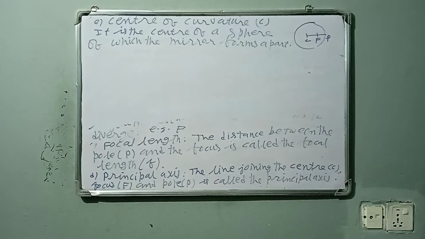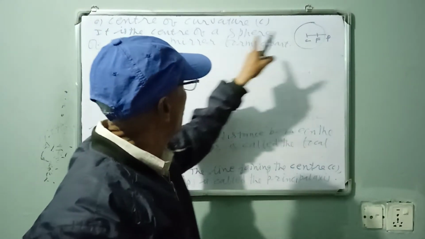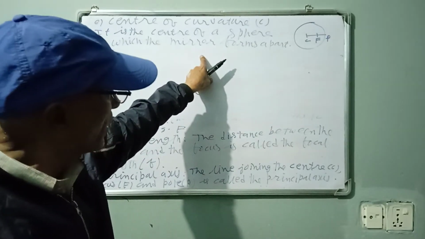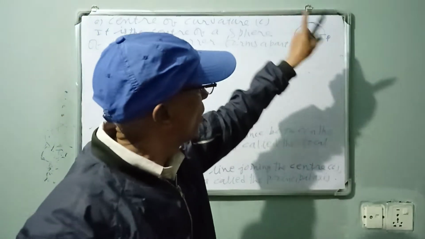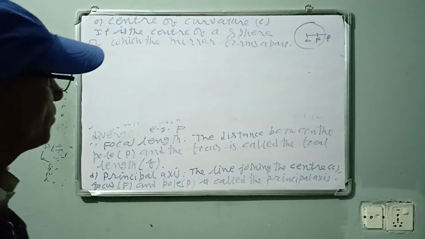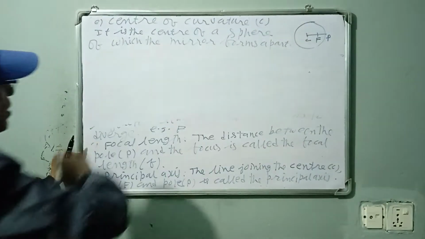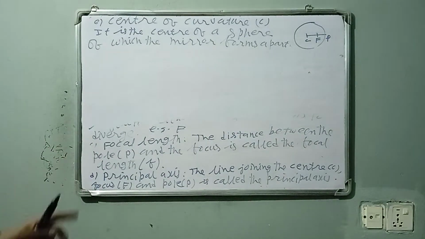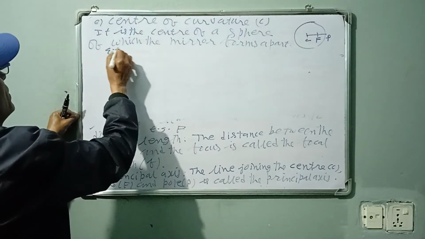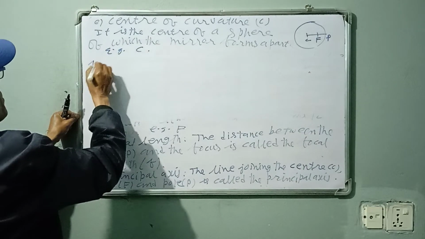The center point of the sphere, like the center of a circle, is the center of the sphere of which the mirror forms a part. It means a spherical mirror is a part of a sphere, and the center of the sphere is the center of curvature for the mirror. It is denoted by C.